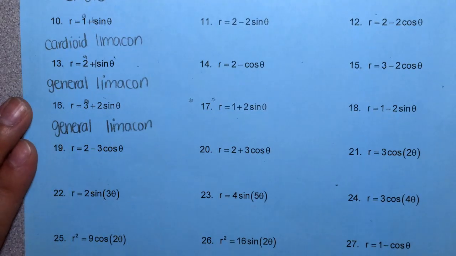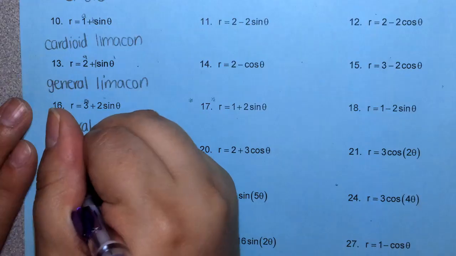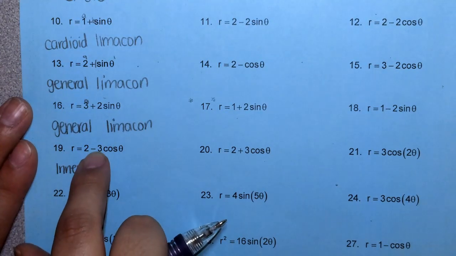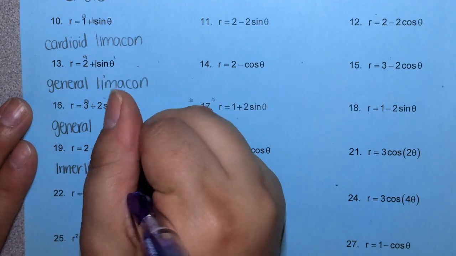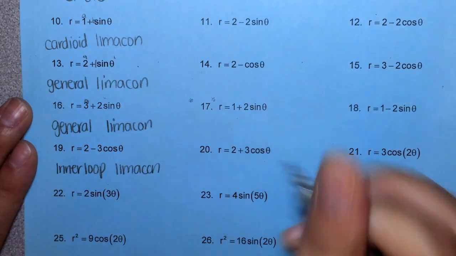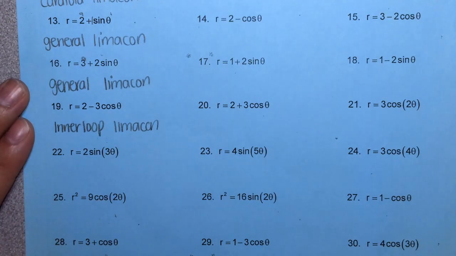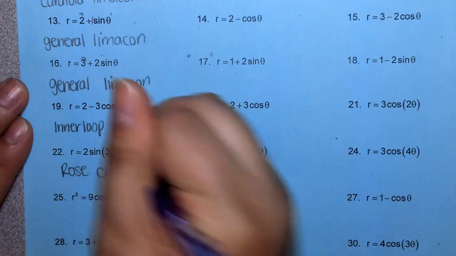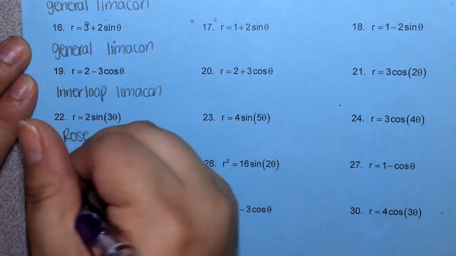What about 19? Inner loop. Inner loop. So this is where the absolute value comes into play. Yeah, that's -3, but you're just looking at the number. Your B is bigger than your A, so this is an inner loop limaçon. 22, rose curve. 25, why is it a limniscate?